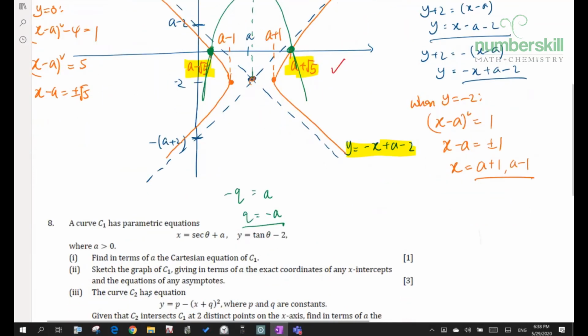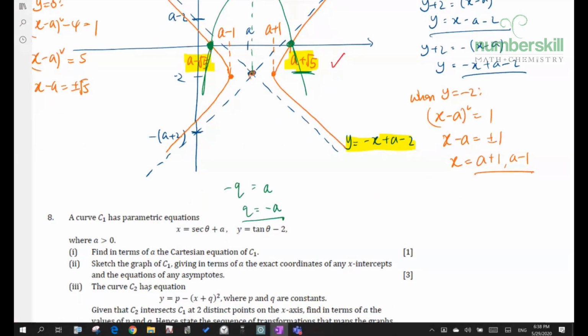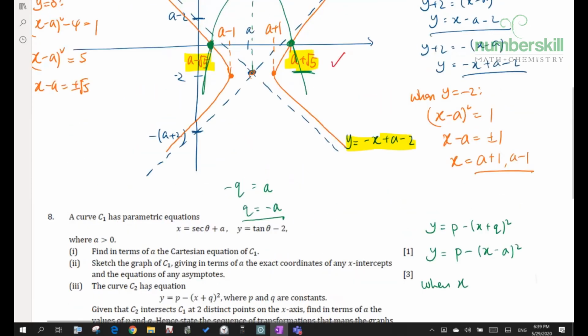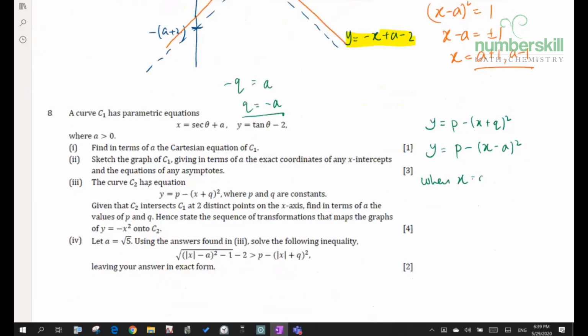For that one, you need to make use of the fact that it cuts at the roots. So the idea is, one more time, the equation is here. Let me finish this. The Q is minus A. Now we also know that when x is one of the roots, A plus root 5, y is equal to 0.